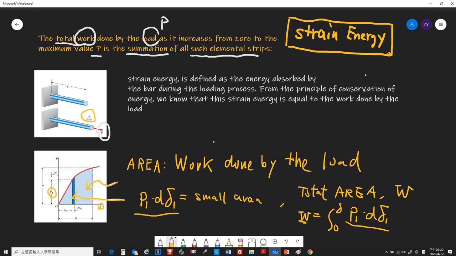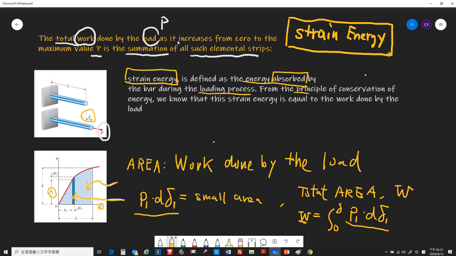And another thing we need to talk about is what is the strain energy. So the strain energy is defined as the energy absorbed by the bar during the loading process.